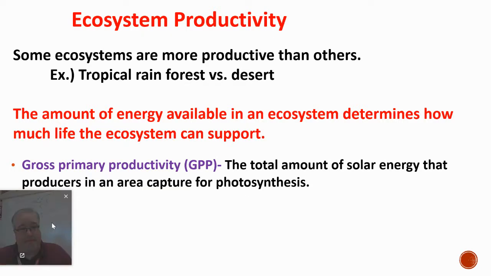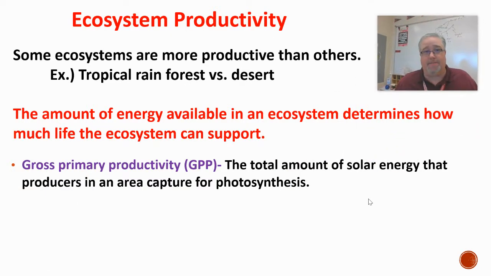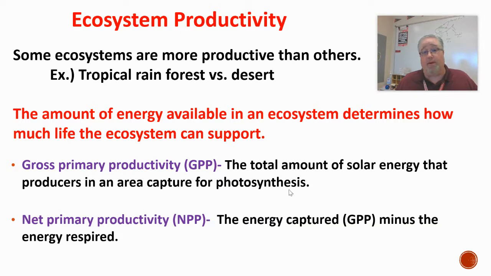All right. Now, the next part of this, I want to get into the concept of productivity. More specifically, it's called gross primary productivity or net primary productivity. Here in red, this is an important statement. It says the amount of energy that's available in an ecosystem determines how much life the ecosystem can support.